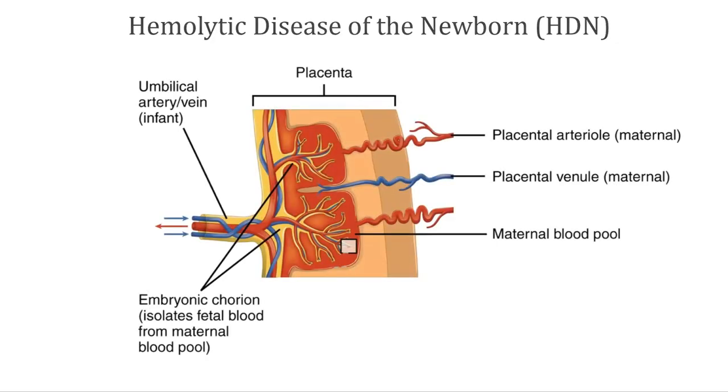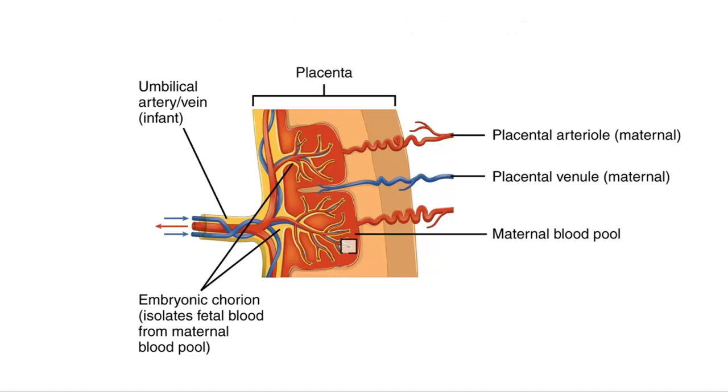The mom has a placenta, and baby's blood is kept separate from mom's blood. So this shows a little picture of the fetal blood. This would be the baby's blood. What happens is when a baby is growing in the mother's womb, the baby's blood comes in, and it becomes embedded in these sort of lakes of mom's blood, but it doesn't actually mix with the blood.